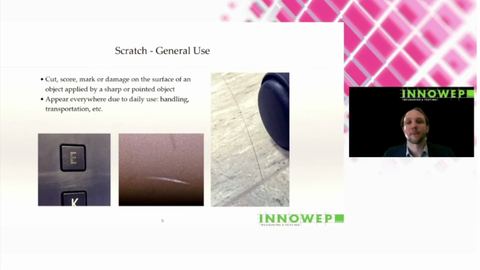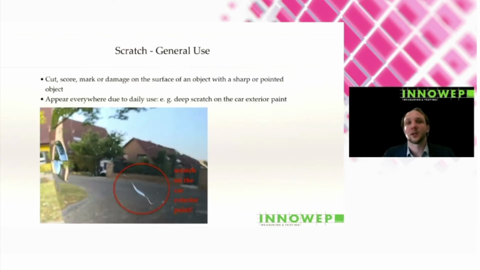But there are also other examples which might bother you a little bit more, like the exterior paint of your car. I mean, of course, this is a pretty German example. I know car exterior paint is rated differently in other countries in Europe, but I think you get the point.